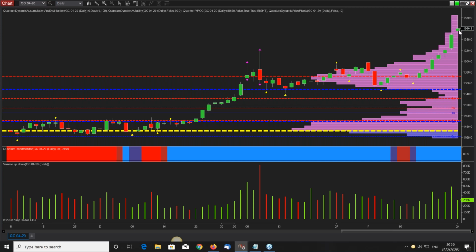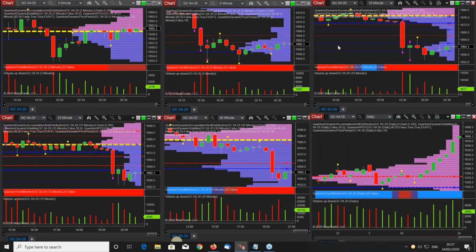It's almost as though it's been designed to trap traders into selling gold short. It's quite odd. But it's certainly anomalous and certainly one I would be paying attention to if I were trading gold tomorrow, because it looks odd.